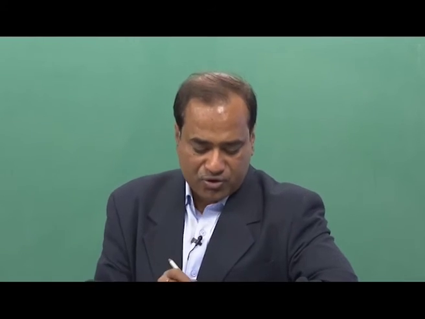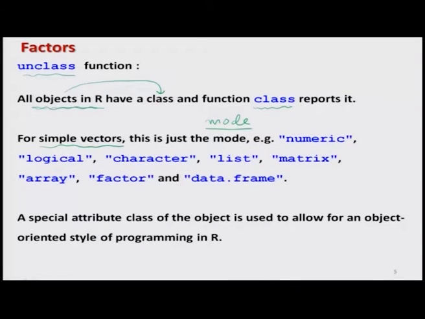So, when we talk of simple vectors, this class concept is the same as the mode. That is, it will give us whether the object is numeric, logical, character, list, matrix, array, factor or data frame. Well, we have not done data frame up to now, but we will do it in the forthcoming lectures. So, the next thing is this: why do we need this class? Why do we need this information on the class?